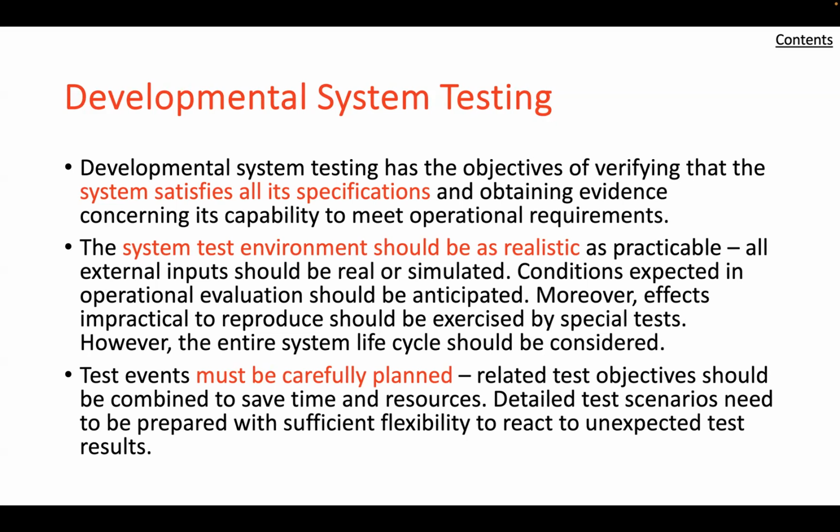And last, for the test conditions, we have three points. First, to help ensure the contractor system testing team leads to successful operational evaluation by the customer, it is important to visualize and duplicate, insofar as possible, the conditions to which the system is most likely to be subjected during the operational evaluation.